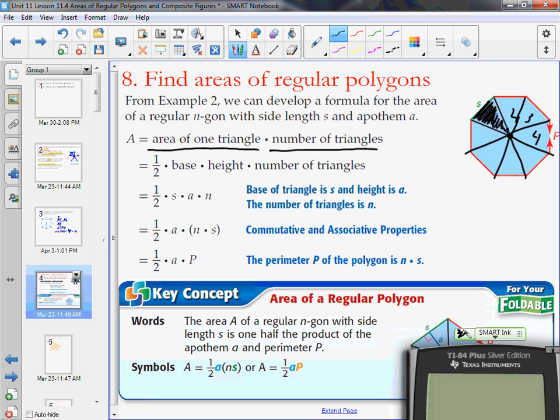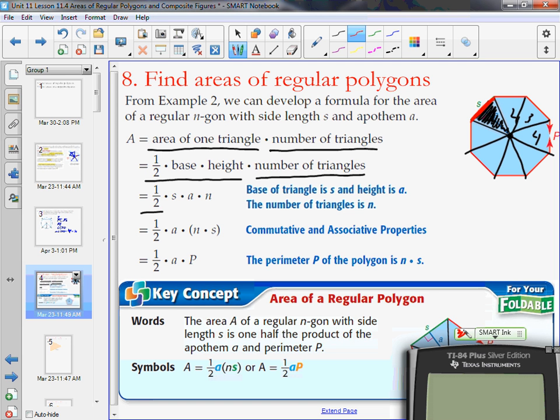The area of one triangle is 1/2 base times height times the number of triangles. So the area of that one triangle is 1/2, and then look what a base is. The base of this triangle is one side of the polygon.